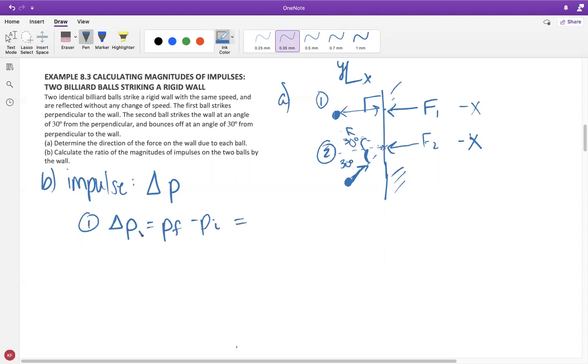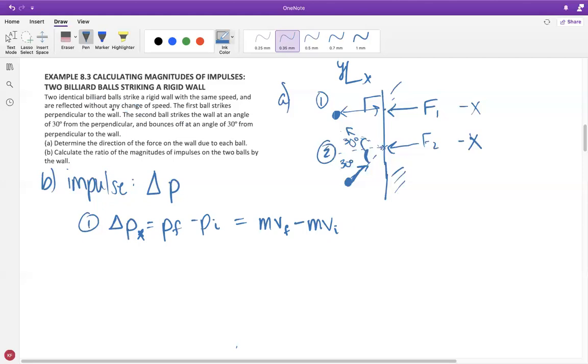And it's only on the X axis or direction. So we have our mass times our velocity final minus our mass times our velocity initial, okay?